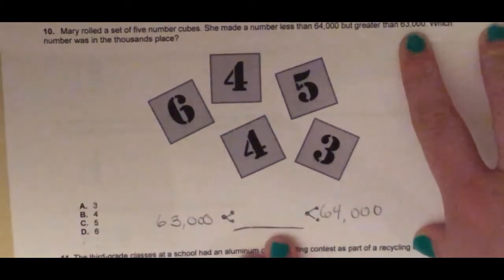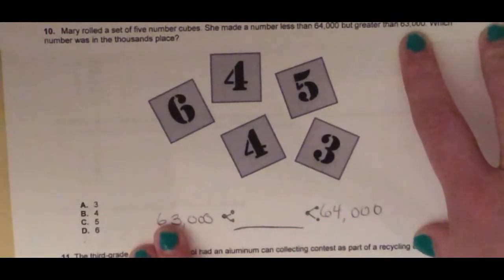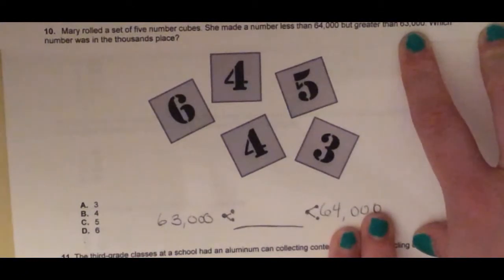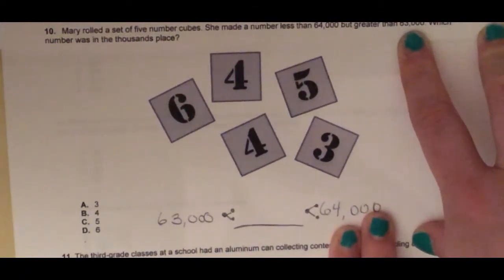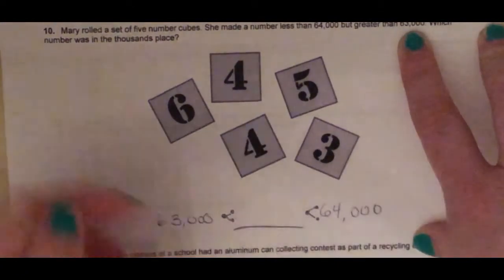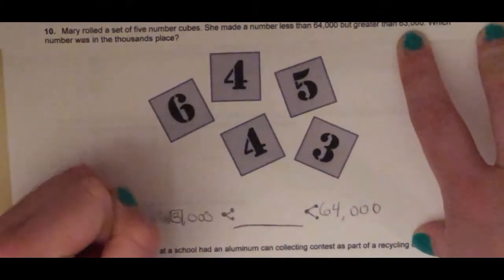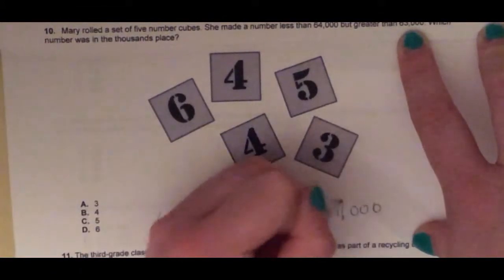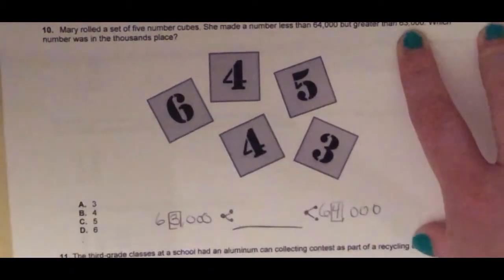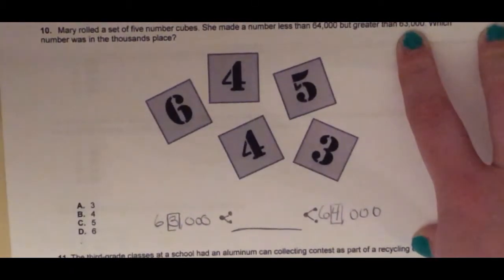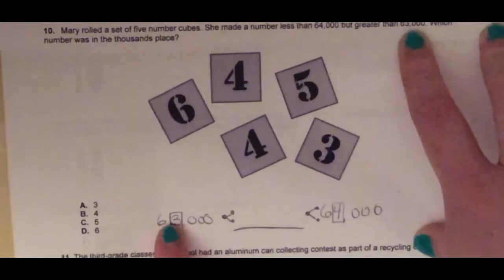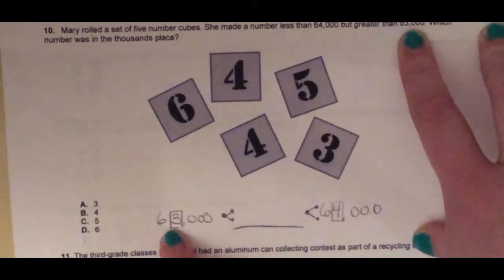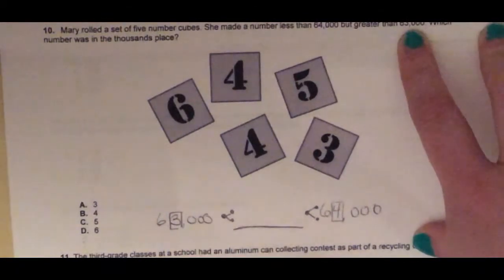Now, it's asking me to find a number that's greater than this number or less than this number based on what number is in the thousands place. There's a 3 in the thousands place here, and there's a 3 in the thousands place here. Now, it's not asking you to find a number that can replace both of these numbers. It's just saying what could be greater.